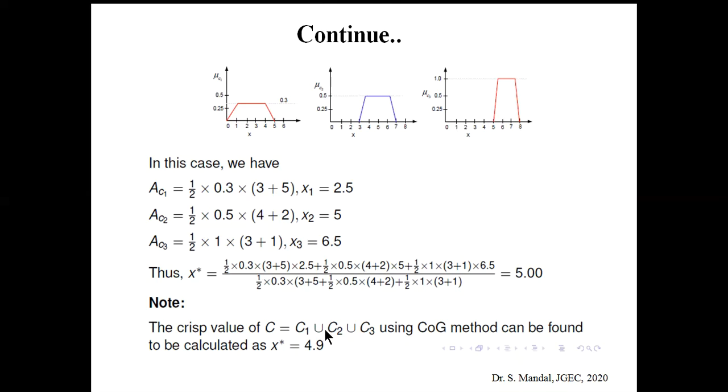So by using COS we get the value 5, whereas using the COG method we get the value 4.9. There is very little difference between these two methods, so we can use either COG or COS for our particular problem. I think both of the processes are very clear to you.